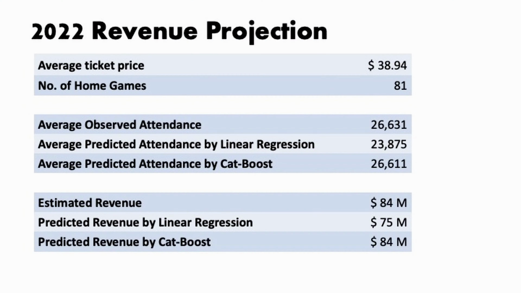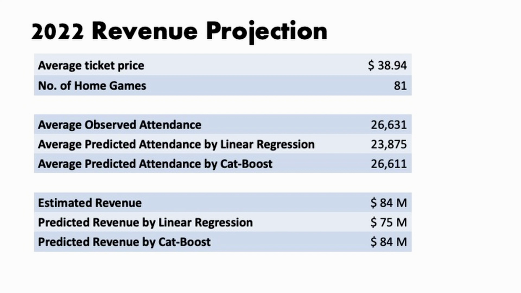We also used our model to get an estimate of our 2022 revenue. How we did this was we took the average ticket price in 2022 and the number of home games, and then we used our model to predict our average attendance in 2022 to find a predicted revenue by our model.